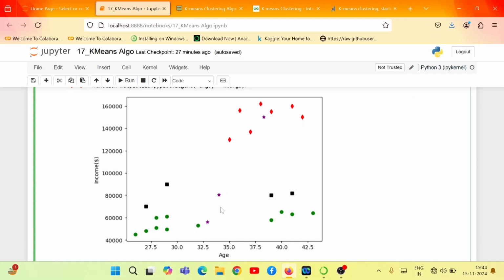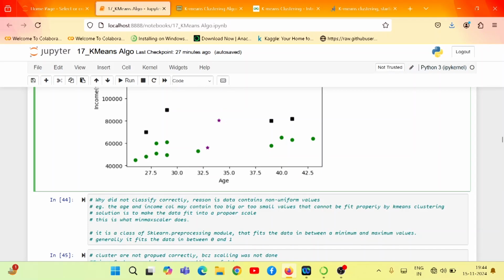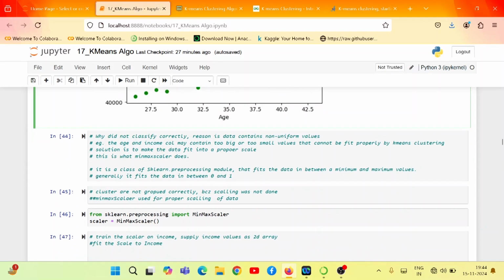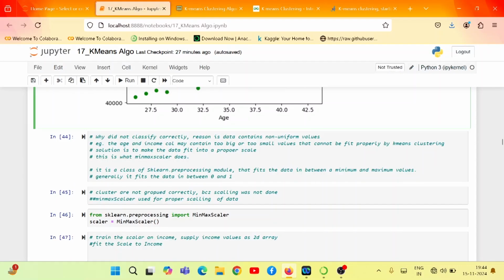The reason is that the data contains non-uniform values. That is the important part, right? For example, the age and income columns may contain very big and very small values that cannot be fit properly by the k-means clustering model. Now the solution to this problem is that we have to make the data fit into a proper scale.